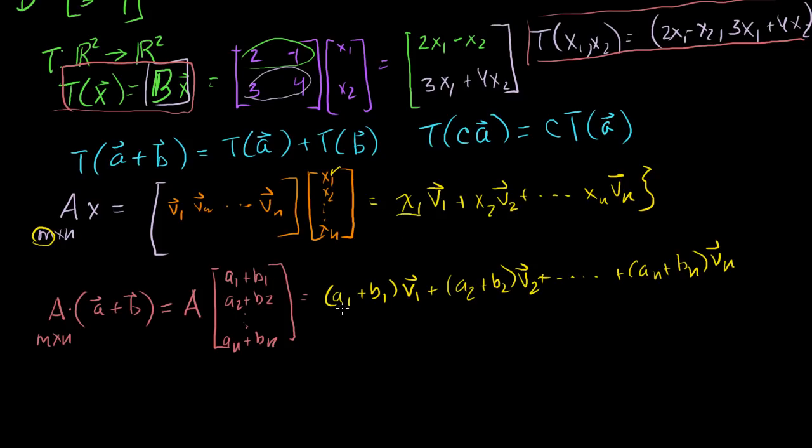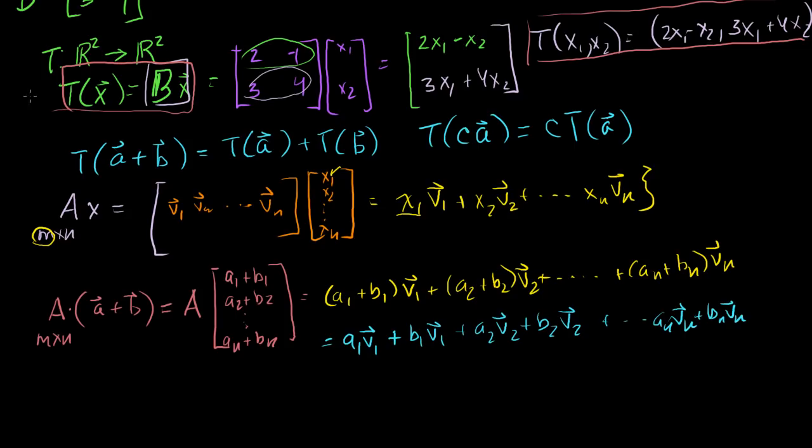Then, from the fact that vector products times scalars exhibit the distributive property, we can say that this is equal to a1 times v1 plus b1 times v1 plus a2 times v2 plus b2 times v2, all the way to plus an times vn plus bn times vn.